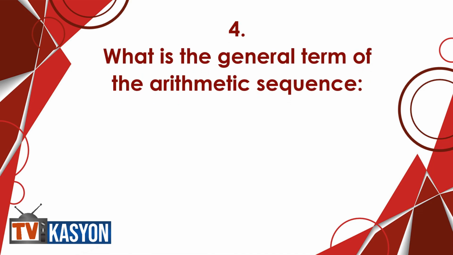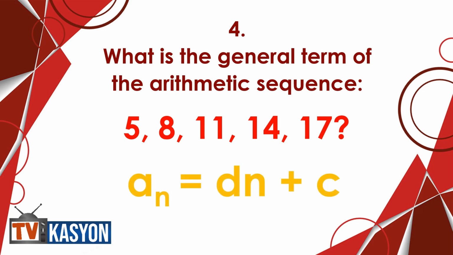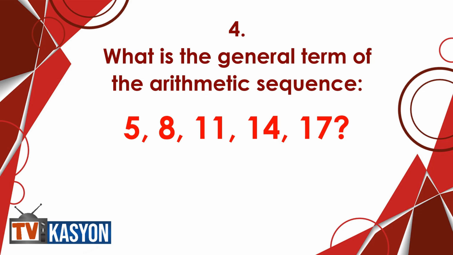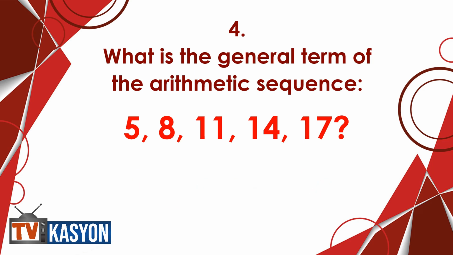What is the general term of the arithmetic sequence 5, 8, 11, 14, 17? Take note that the general term of an arithmetic sequence is written in the form a_n = dn + c. Thus, we need to identify the common difference and the constant. And from the given sequence, the common difference is 3, and the constant is 2. Therefore, the general term is a_n = 3n + 2.